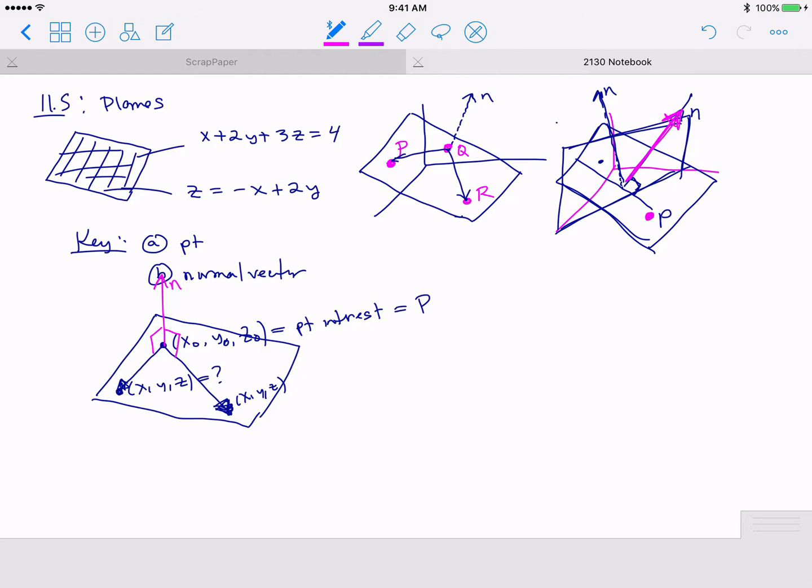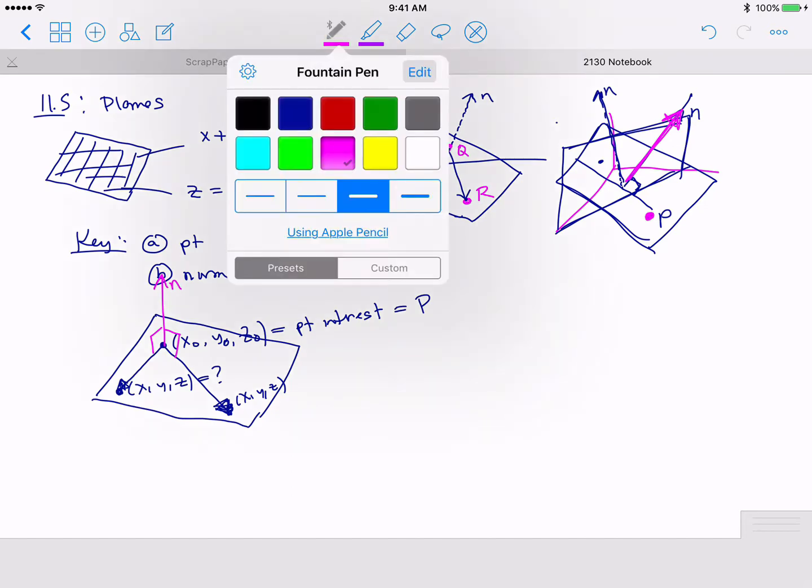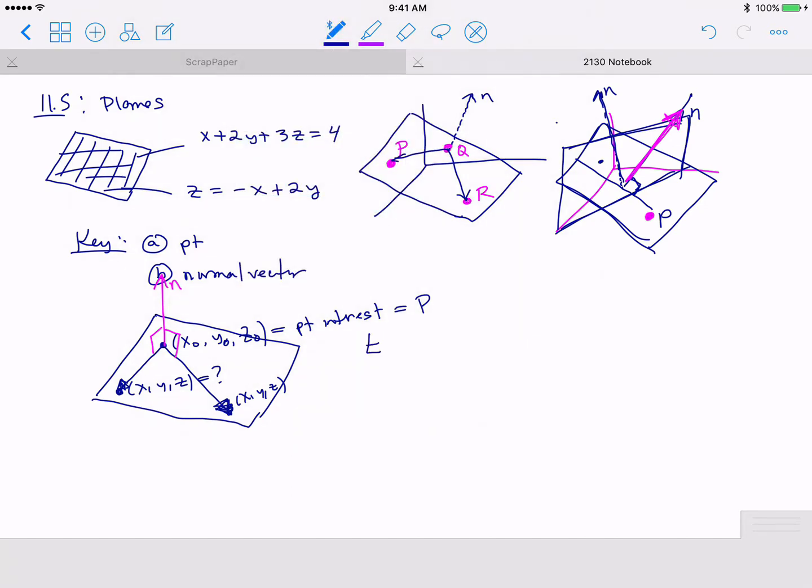So this gives us our strategy for constructing the equation of a plane. Essentially, what you need to do is first find a vector from the point that you're interested in, x naught, y naught, z naught, to any point in the plane x, y, z.